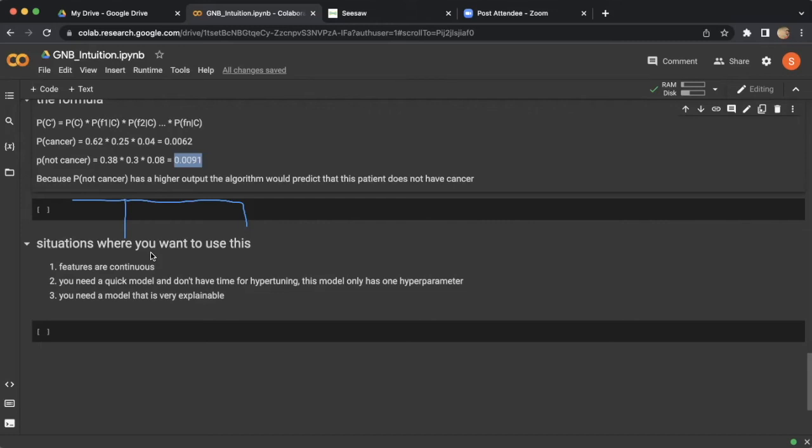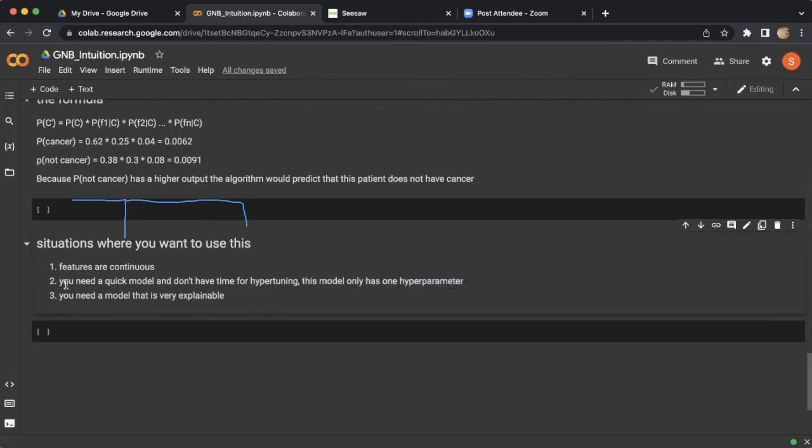So if you have categorical data, you want to use the multinomial naive Bayes instead. Secondly, another time you want to use this is when you want a model that is really quick. You don't have all day to hyper tune your model and try all these different combinations to come up with the best model. You want a really simple model. This is a good one because there's only one of these hyperparameters, which essentially means the model you just start off with is most likely going to be the best model, and they compute really fast.